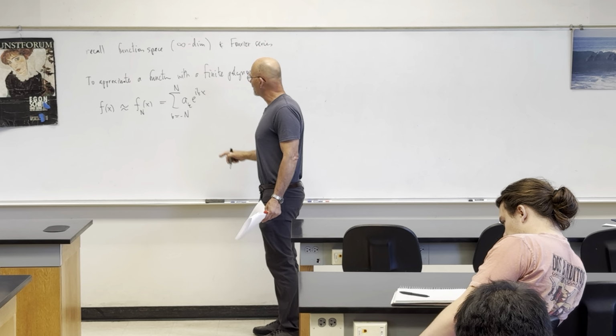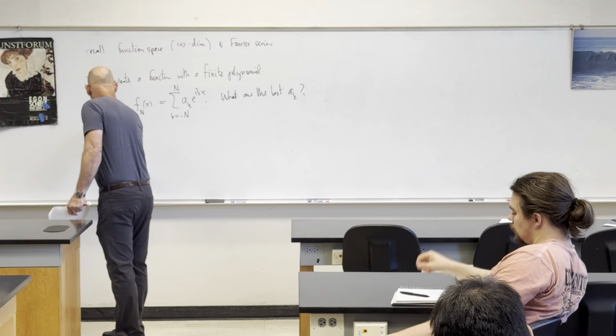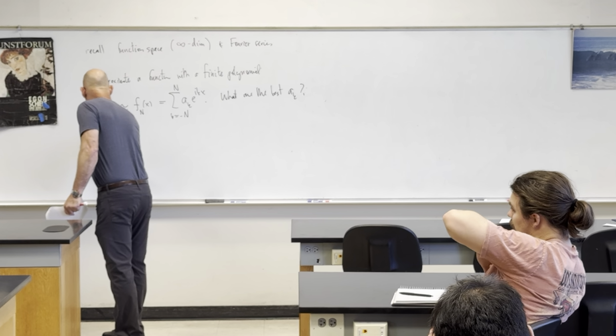A sub k's. So in order to do this, remember we had a scalar product structure here. So what we're going to do is consider the norm of f minus f sub n, squared.